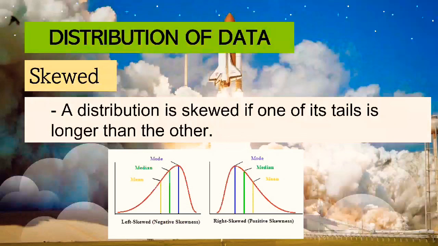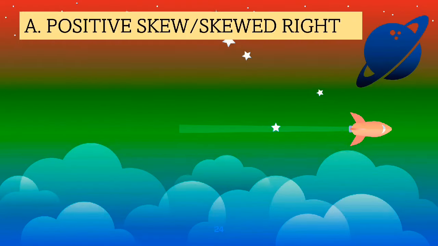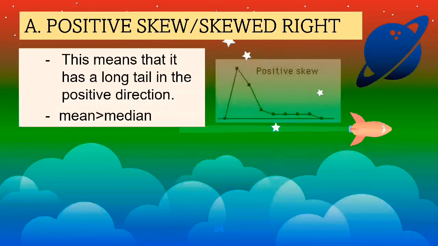It is a distribution if one of its tails is longer than the other. Data distribution becomes skewed to the right or positively skewed if the value of the mean is greater than the median, which means that it has a long tail in the positive direction.